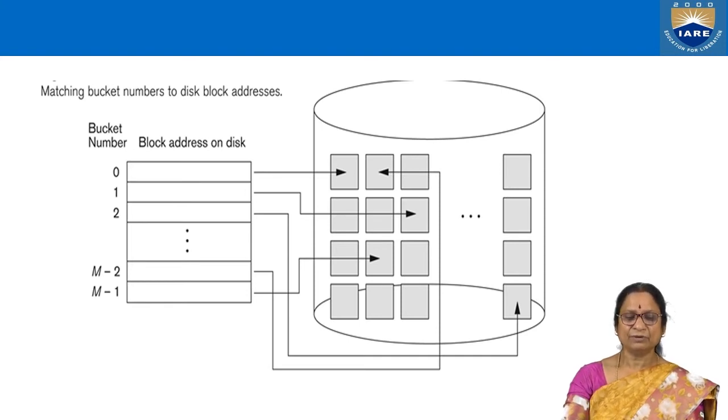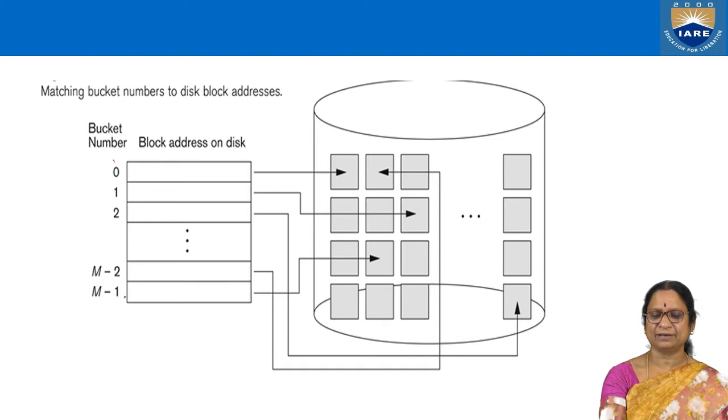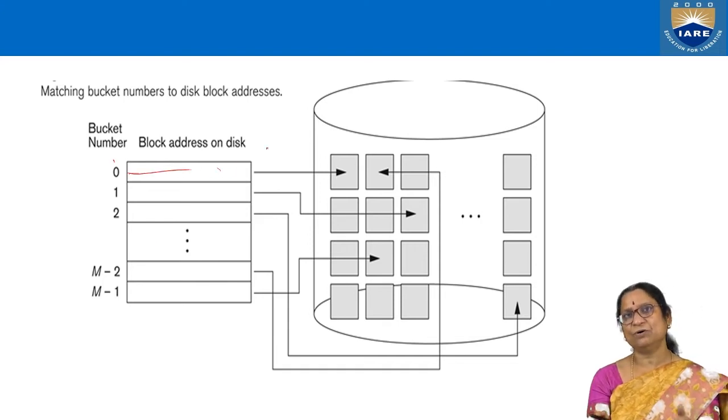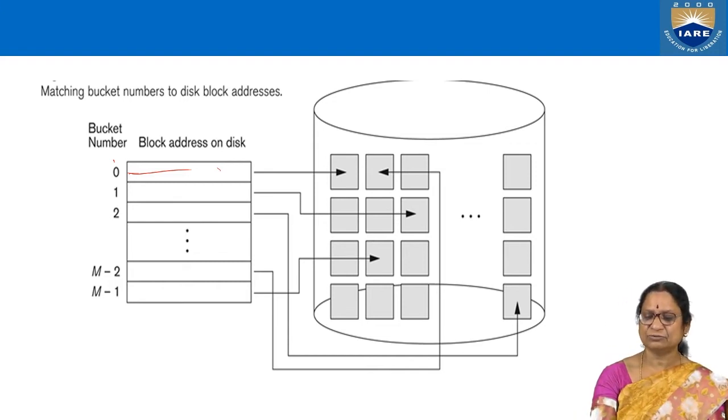Whenever you are matching the bucket numbers, the respective block addresses will be there. Internally, how will it be arranged? This is the bucket number, right? So, here the address is there. Because a bucket means, as I told you already, a block of memory. So where it was stored, that block address is going to be assigned. So whenever the data is stored, it will be stored in this block of memory, right?